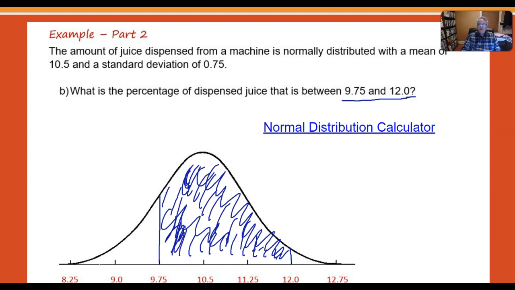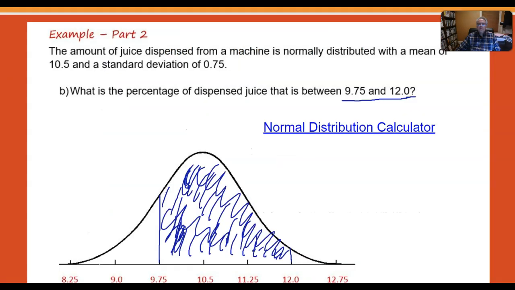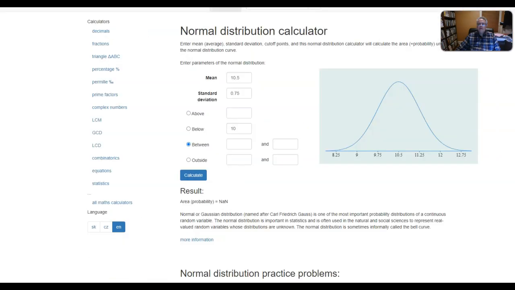So I'm going to go over here and use our calculator. We want to know the percent of time it's between 9.75 and 12.